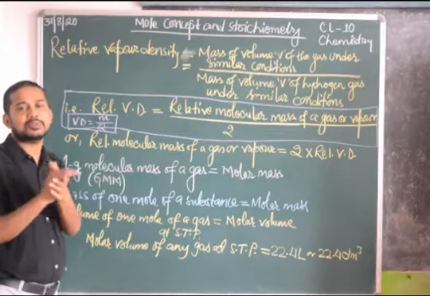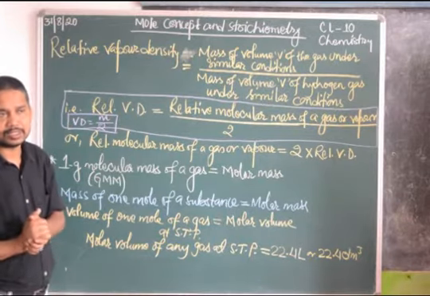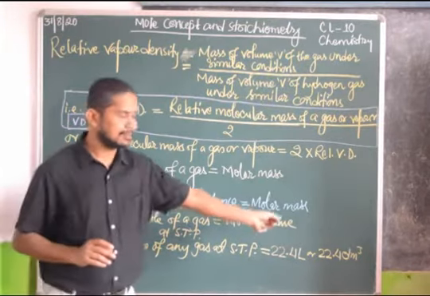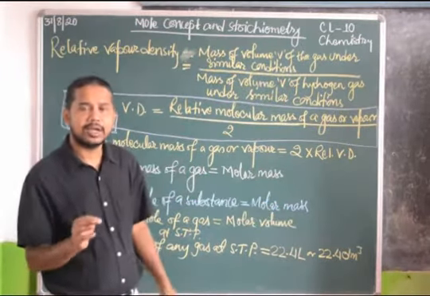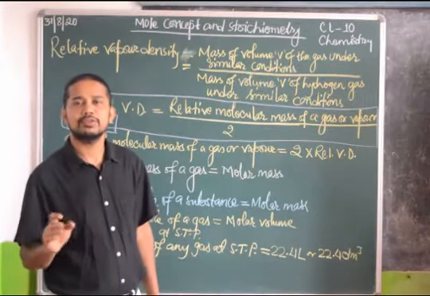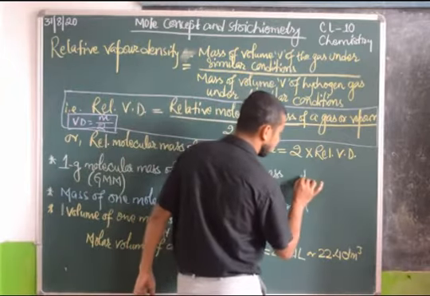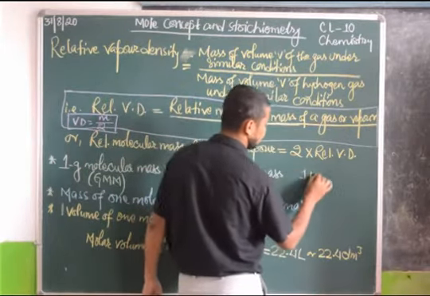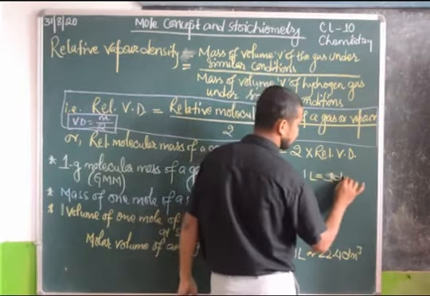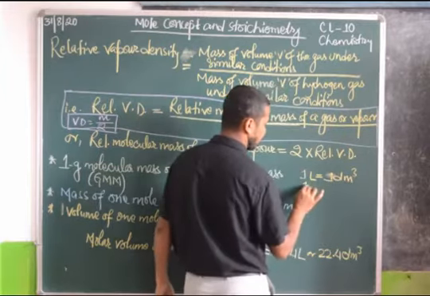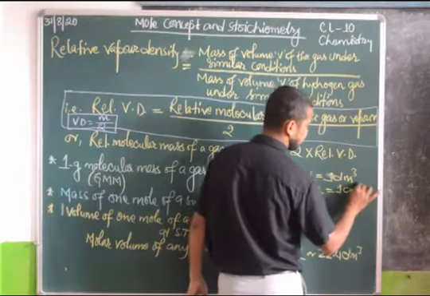And volume of 1 mole of a gas at STP is always 22.4 liter or 22.4 decimeter cube or 22,400 milliliter or 22,400 centimeter cube, because 1 liter is equal to 1 decimeter cube, and 1 milliliter is equal to 1 centimeter cube.